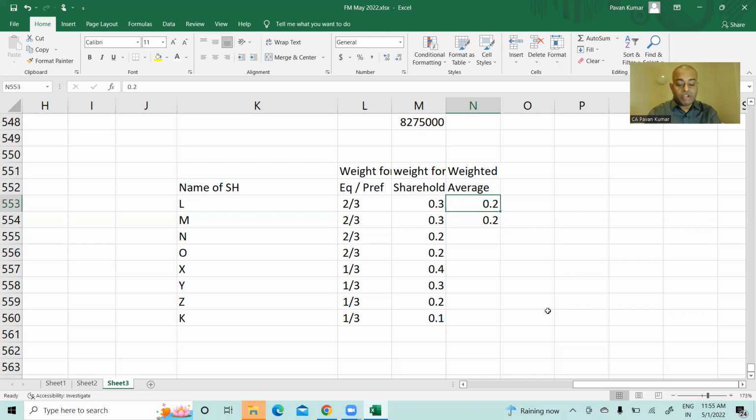13.33% it is basically. This is 20%, this is also 20%, this is 13.33%. Can I say that? Yes, sir. Now 2 by 3 into 0.2, again 13.33. Now 1 by 3 into 0.4, how much?